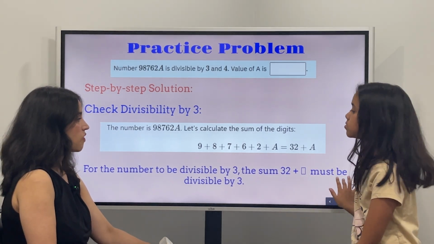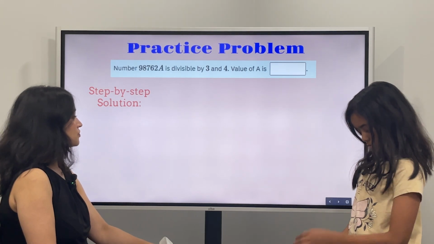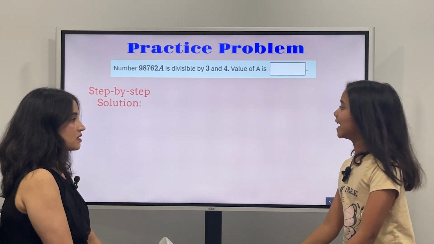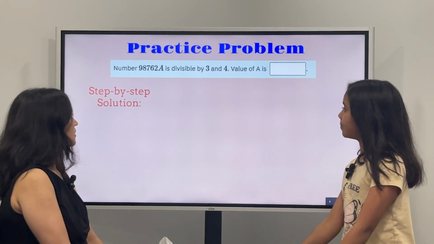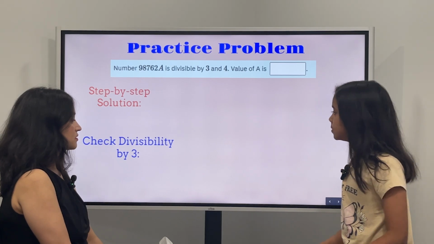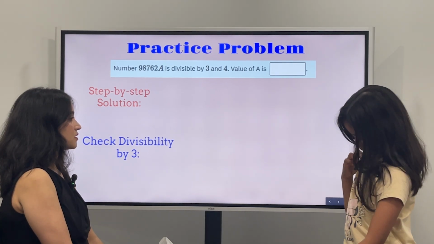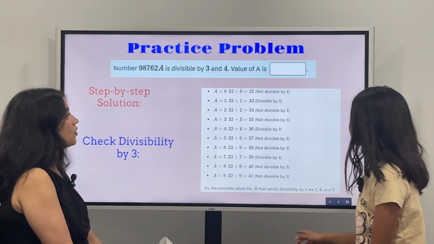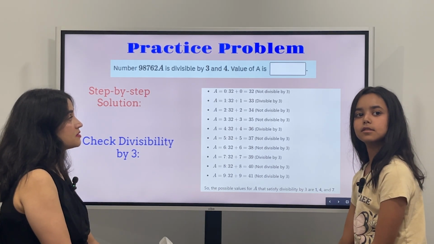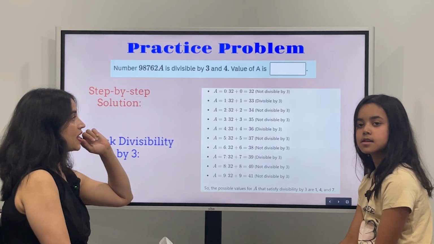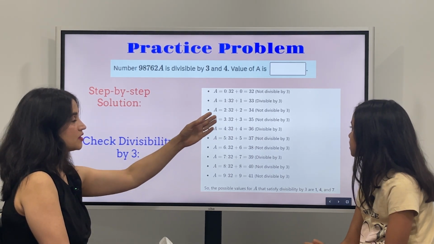Step by step: check divisibility by 3. Let's pretend A is 0. If you add 32 plus 0, it is 32.